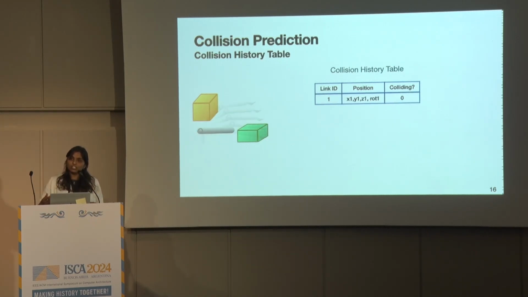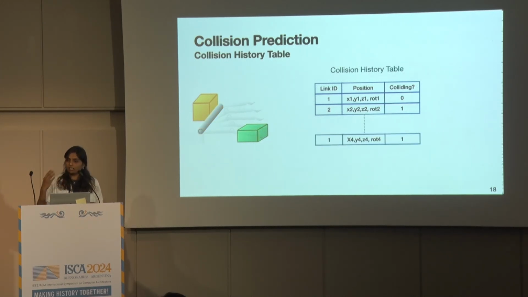As we perform collision detection between different links and the environment, we can populate this table with the outcomes. And in future, whenever we execute a collision detection query, we can use the link ID and position to access this history table, see whether it was colliding before or not, and determine what the outcome will be.